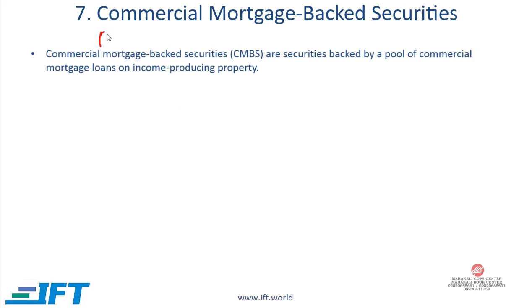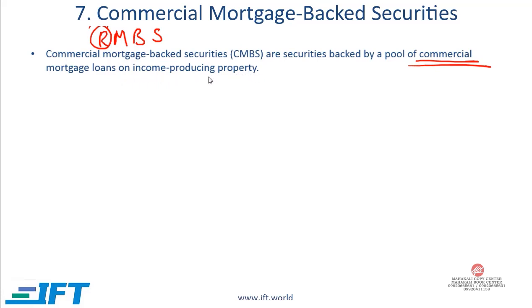So far, we have talked about residential mortgage-backed securities, which are based on residential mortgages. Now we move to the world of commercial mortgage-backed securities. These are securities backed by a pool of commercial mortgage loans on income-producing property.